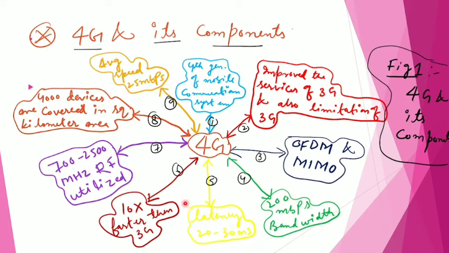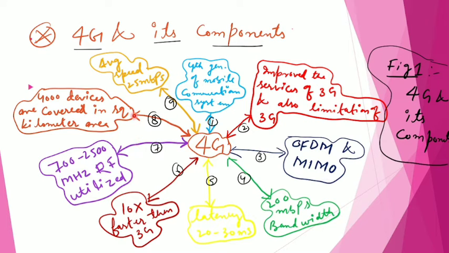4G is 10 times faster than 3G due to this OFDM and MIMO concept and the increased bandwidth of 200 Mbps. The RF, radio frequency, band utilized in 4G is 700 to 2500 megahertz, so the 4G frequency band is in megahertz. But if we discuss the 5G frequency band, that is in gigahertz.